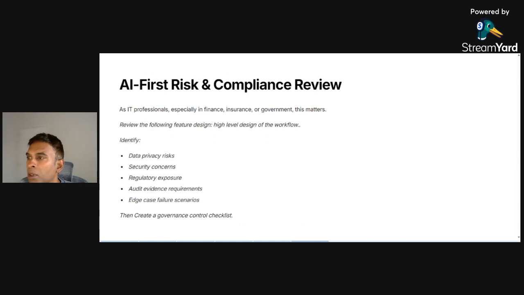What I talked about previously on risk and compliance review is simply this. In finance, insurance, or government industries, these things matter, especially for senior business analysts or business analysts coming into the domain, who should know that there are risk and security concerns that need to be aligned, and those are heavily regulated areas in this region.